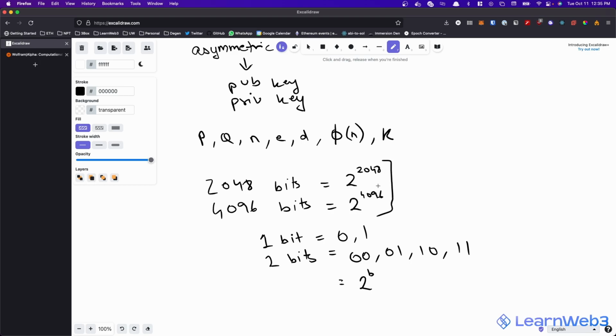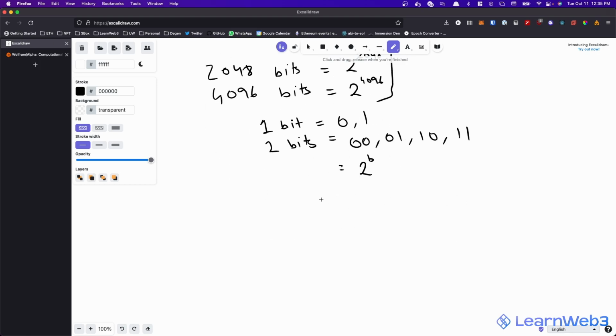Okay? So typically RSA works off really big numbers, and it goes off the idea that you have a really large number that is a multiple of two prime numbers, right? For example, if we take the number 15, this is a multiple of two prime numbers, 3 and 5, and we can figure out where it's coming from.